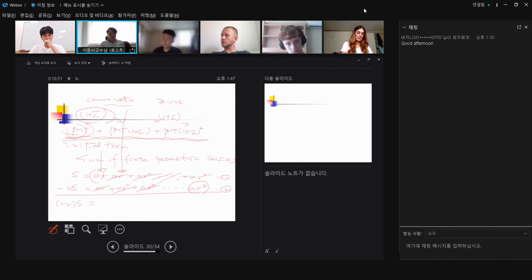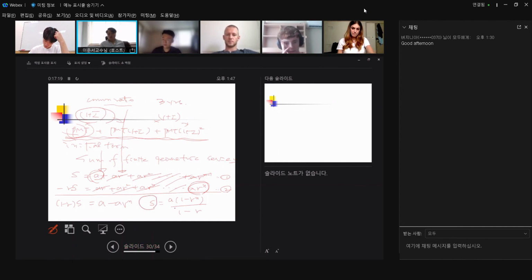All the terms are wiped out except AR to the power of n and A. So AR to the power of n minus A remains. Okay, so if we rearrange, S equals A times (1 minus R to the power of n) divided by (1 minus R). This is the formula to solve the sum of a finite geometric series.